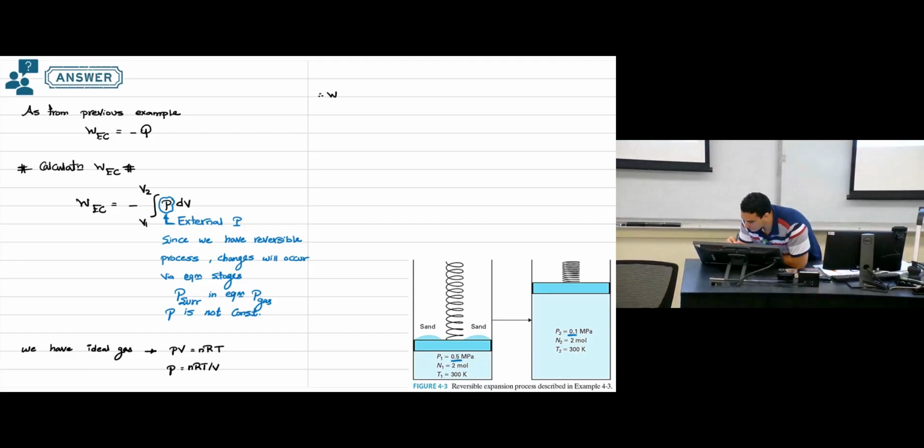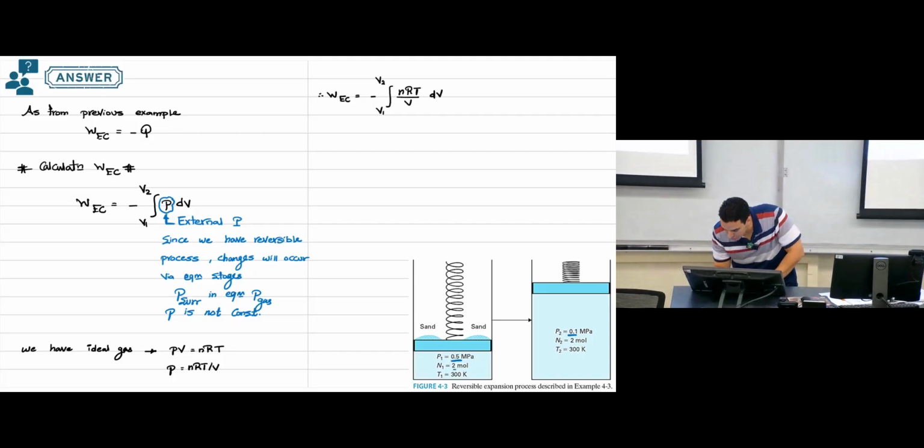So we will have work of expansion contraction equal to negative integration from initial volume to final volume of nRT over V dV. n is constant, 2 moles.